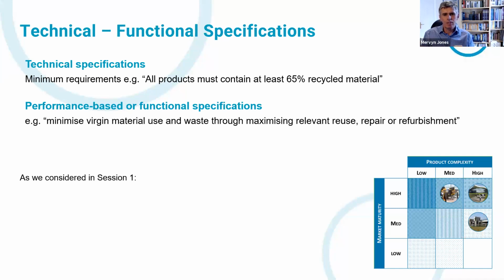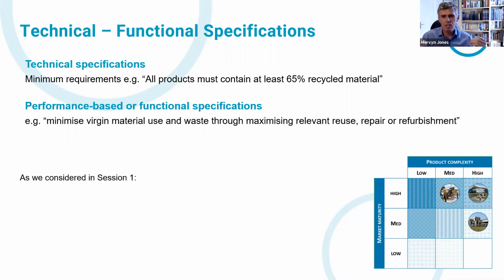It's not simply a yes, no. Technical specifications are specifications that will be met during the contract. So again, much more focused on yes, no type answers. Are they delivered? Are they not delivered? Can they be delivered? Can they not be delivered?